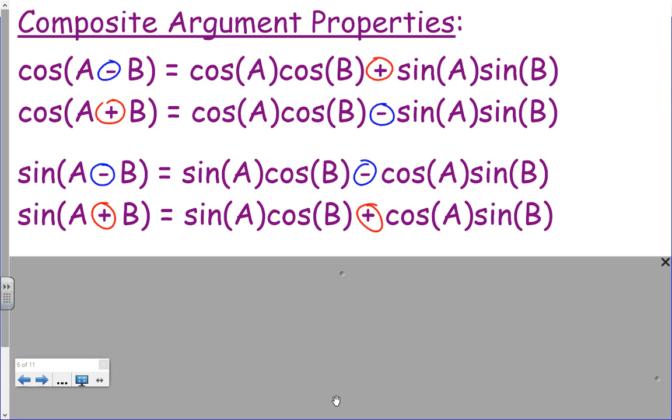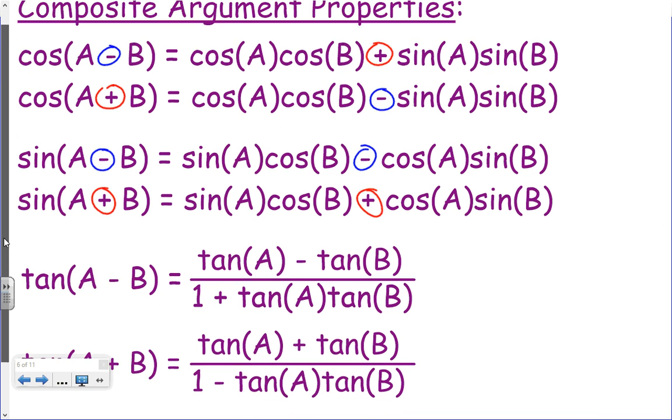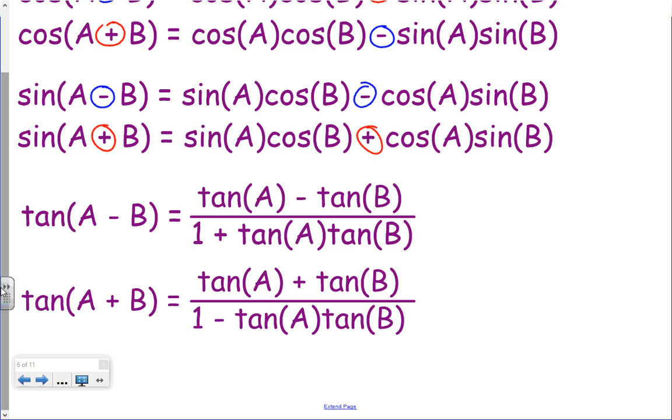All right, and the last set for us to talk about are the composite argument properties for tangent. And tangent we know is equal to sine over cosine, and actually these come directly from the properties up above. Just simply take the sine of a minus b and divide it by the cosine of a minus b and do some simplifying and rewriting, and you'll end up with what we see over here on the right.